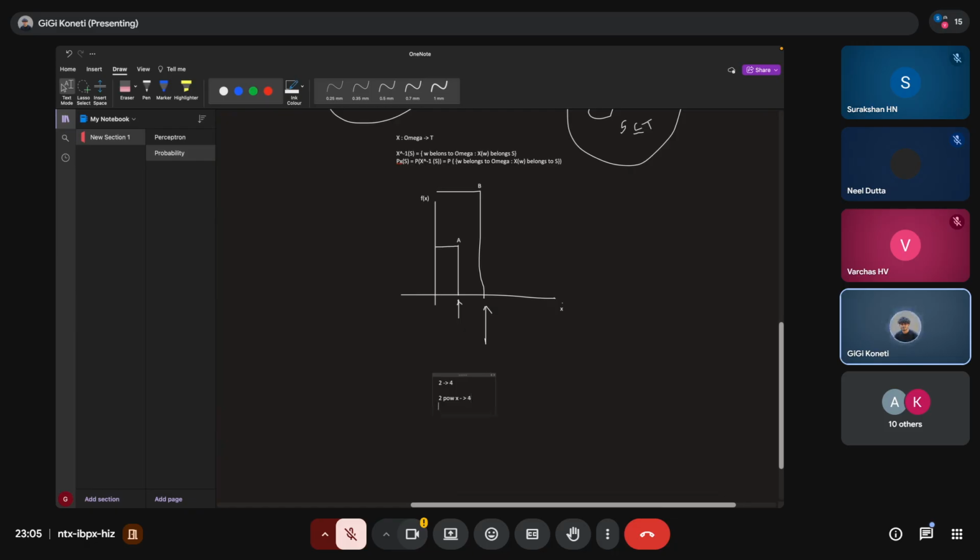But here, if x is very large, then the possible outcomes, omega, will be tending towards infinite. So this is countably infinite. So this is infinite, and this is finite.